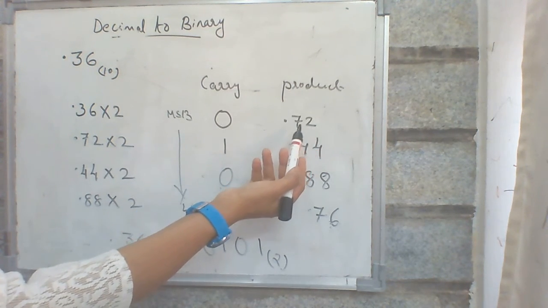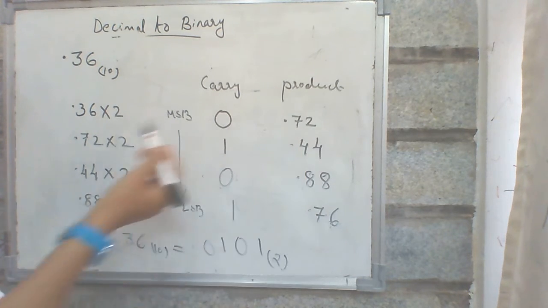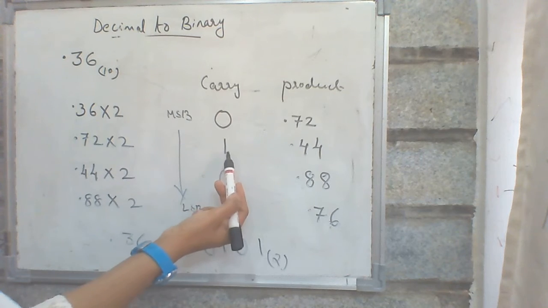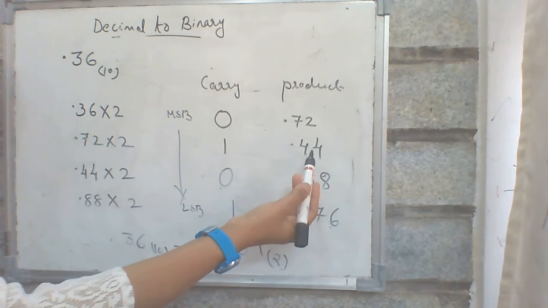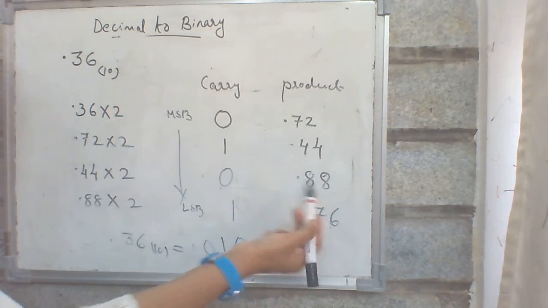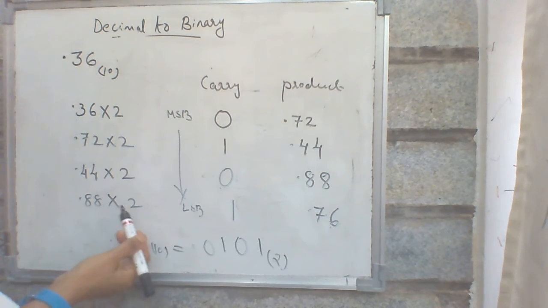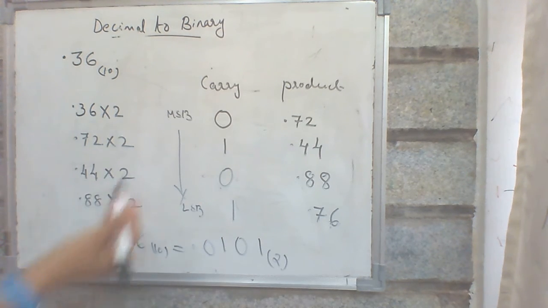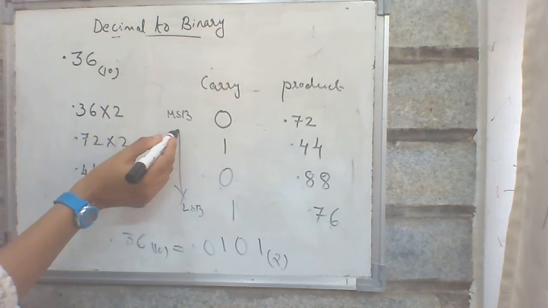You just take this product only. Then the next step, 0.72 into 2. The answer is 1.44. Next this 0.44 into 2. The answer is 0.88. Then 0.88 into 2. The answer is 1.76.